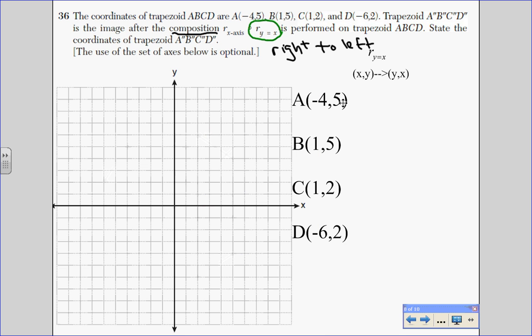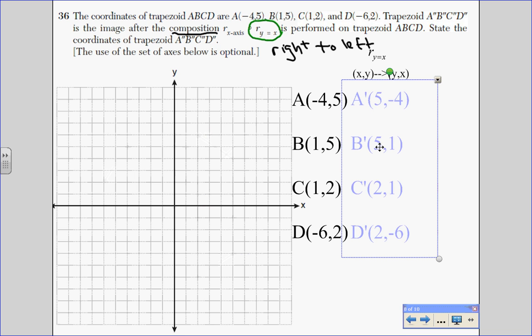So my A' is going to be (5, -4), my B' is going to be (5, 1), my C' is going to be (2, 1), and my D' is going to be (2, -6). So there I performed my first transformation, a reflection across the line y = x.